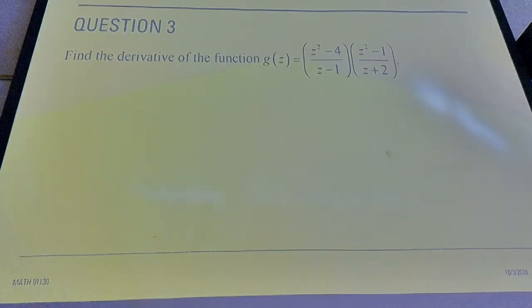Couldn't you multiply the two together to start and then do the quotient rule? Could. So multiply them out, what do you get?